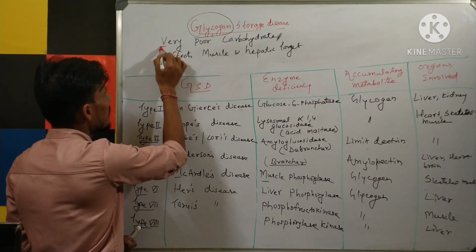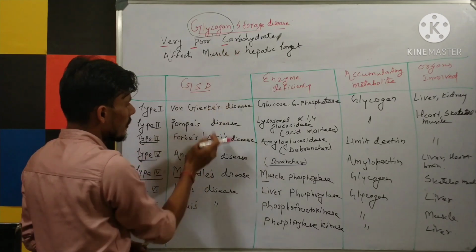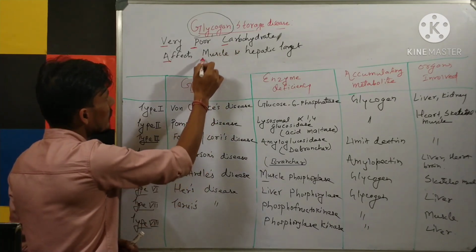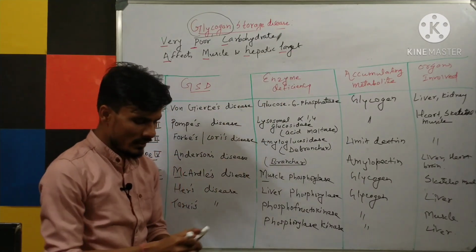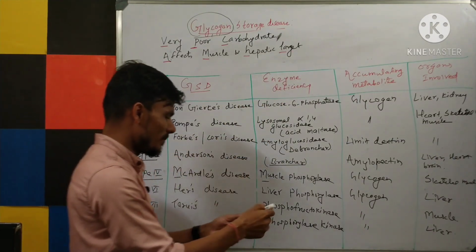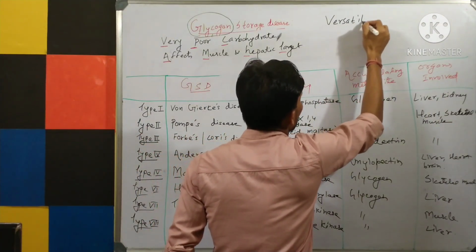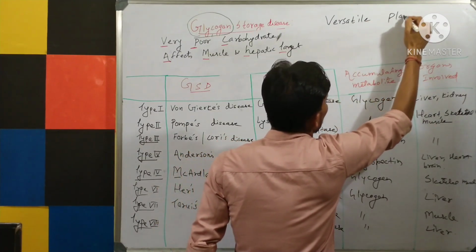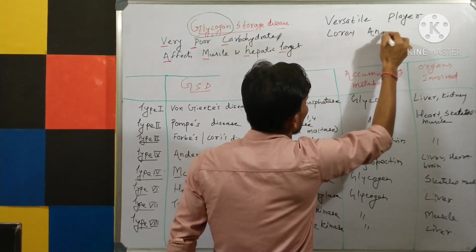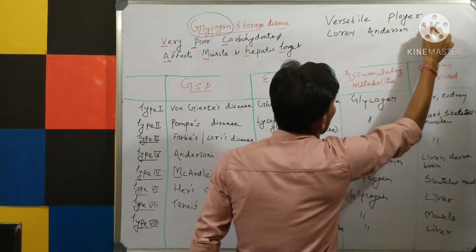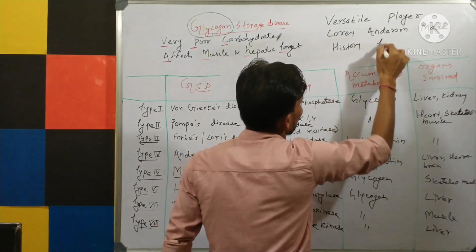You can take the first letters. B: Von Gierke disease. P: Pompe disease. C: you know Cori disease. A: Andersen disease. McArdle's, Hers, and Tarui disease. You can make different mnemonics also. One more I will give you: Versatile player Corey Anderson made history in test.